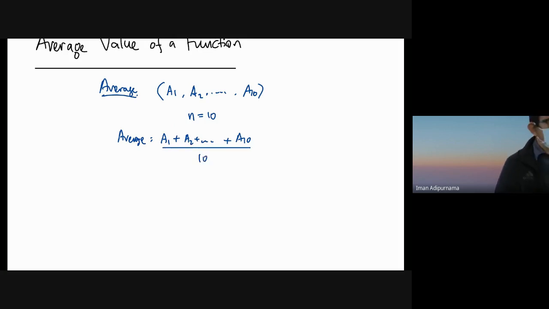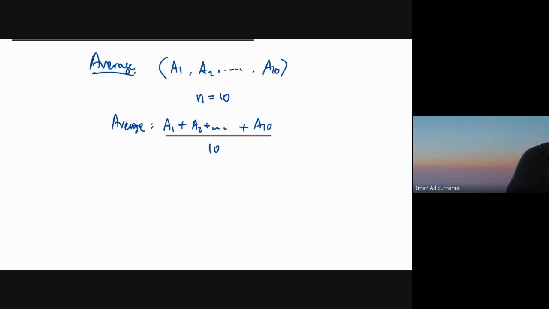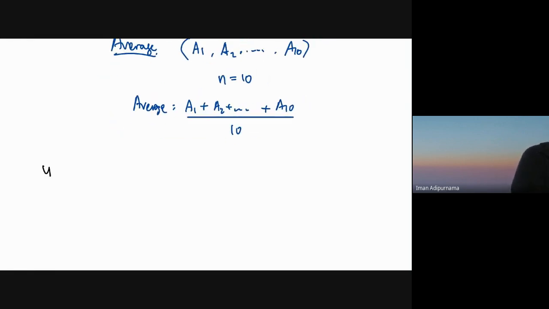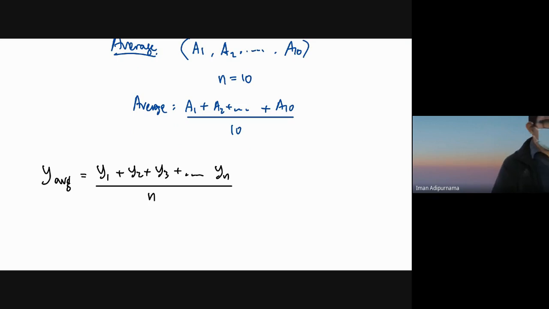This is common knowledge, right? So if we have y average, this is y1 plus y2 plus y3 until yn, and we divide all this by the frequency, n.